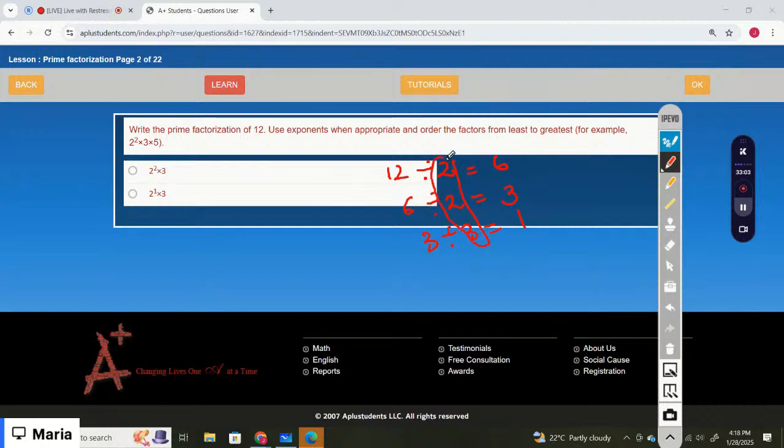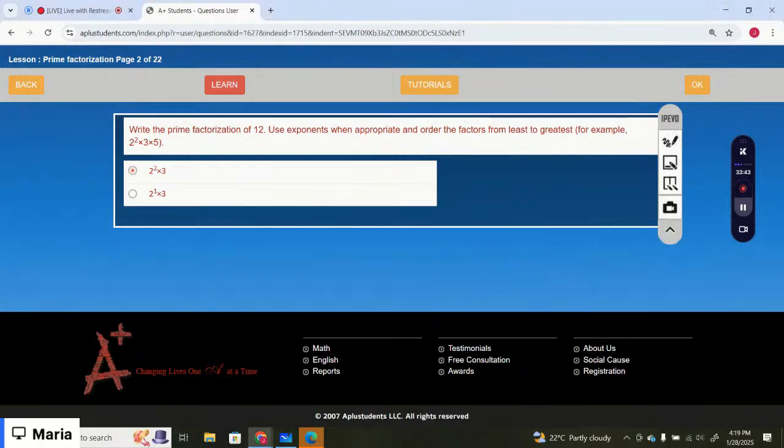So these are the prime factors: 3 times 2 times 2. So that is 3 times 2 square. Option number 1 is the correct option.